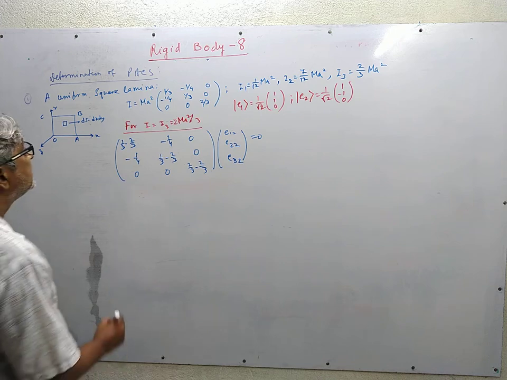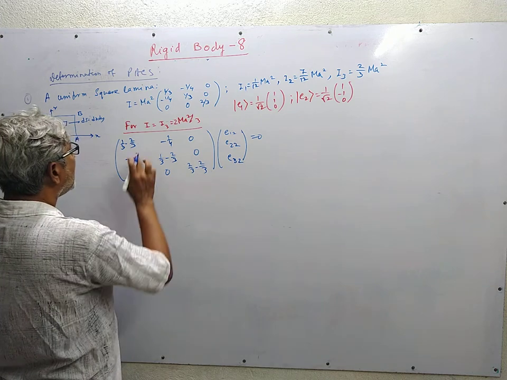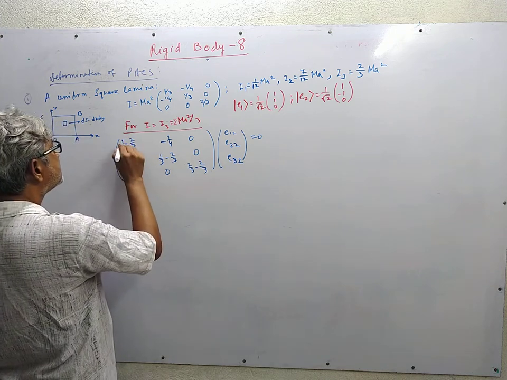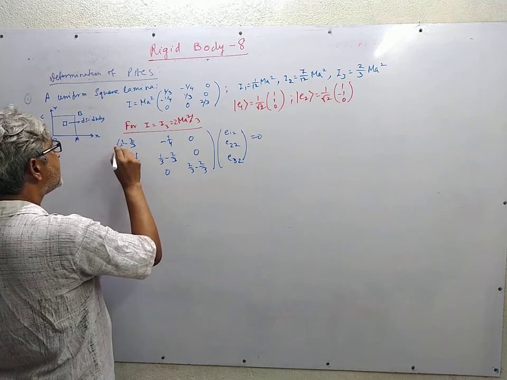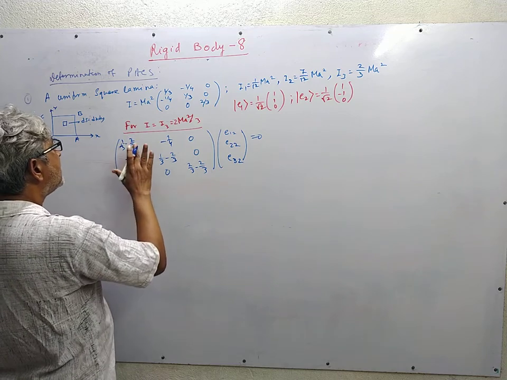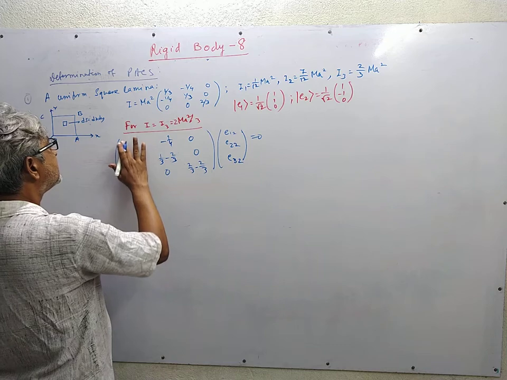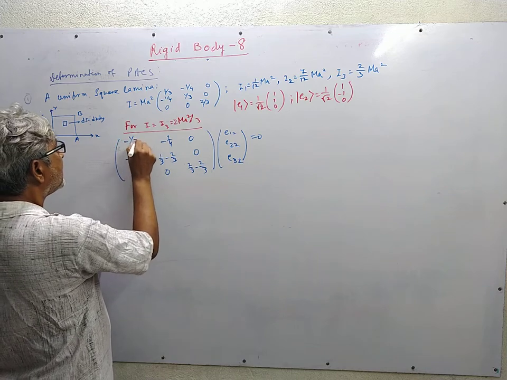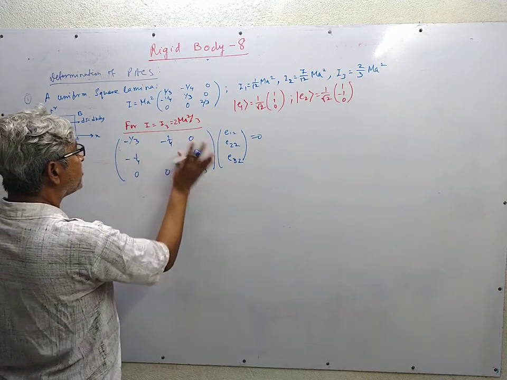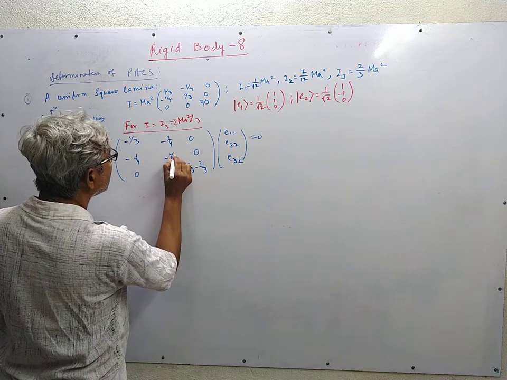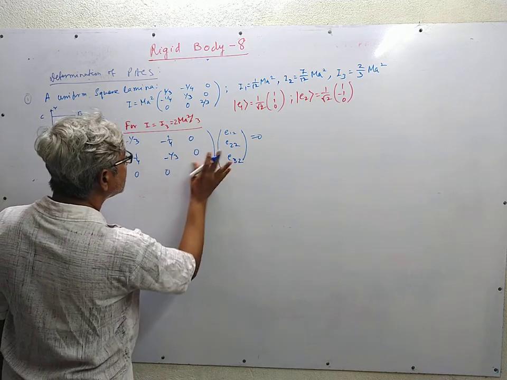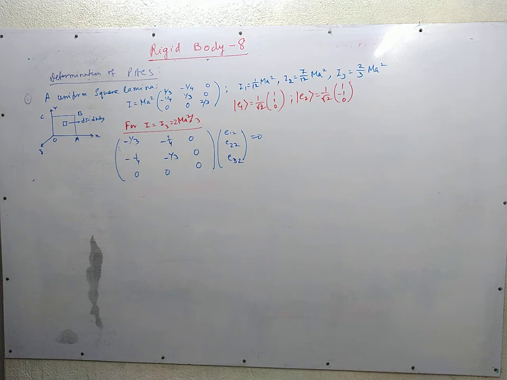So this is minus 1 by 3, this is minus 1 by 3, and this is 0. Here, the E33 is no more 0.